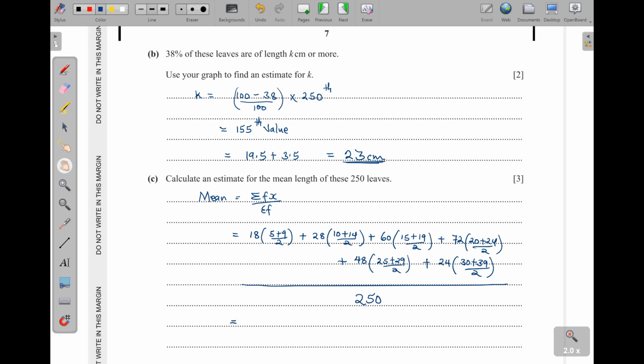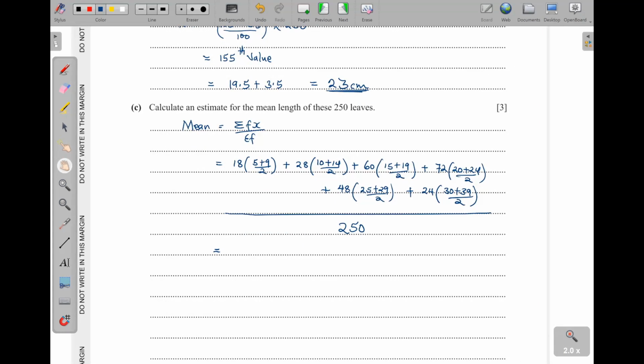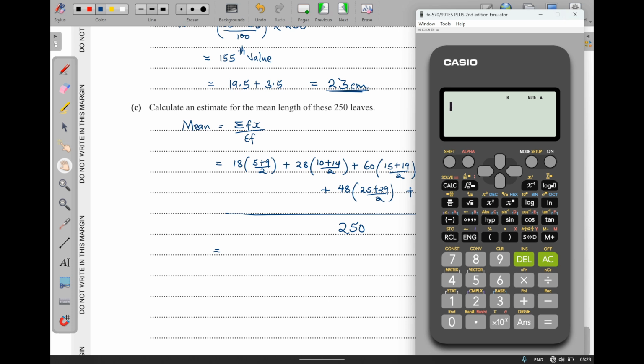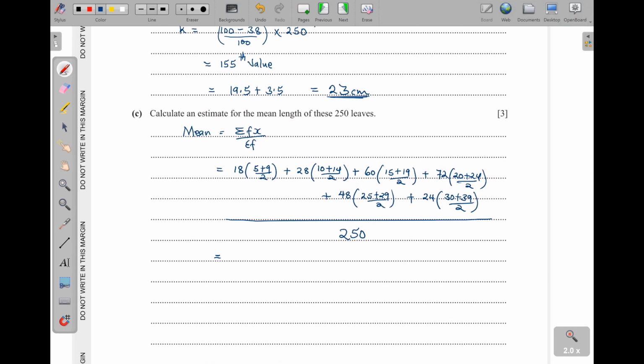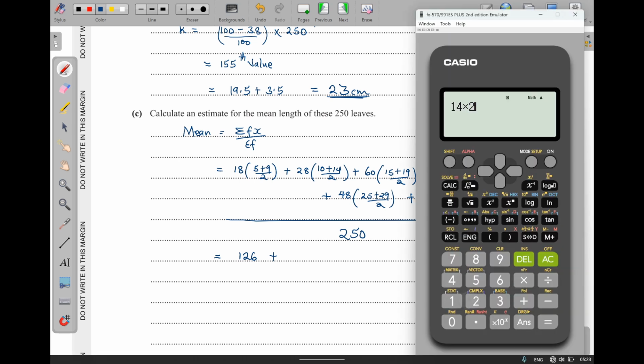Now, putting everything together here, what do we have? 18 divided by 2, that is 9. So 9 times 5 plus 9, that is 14. This one gives us 126. So we shall write here 126, then plus the next one will be 14 times 24.